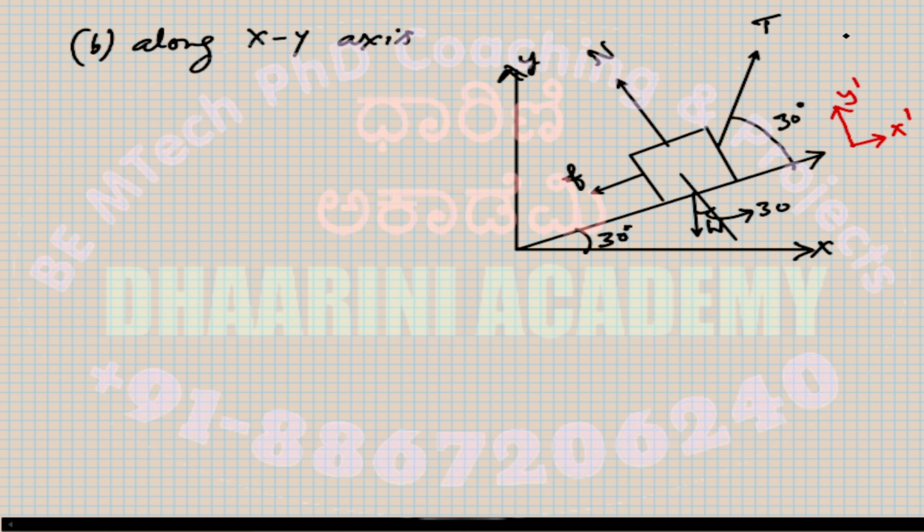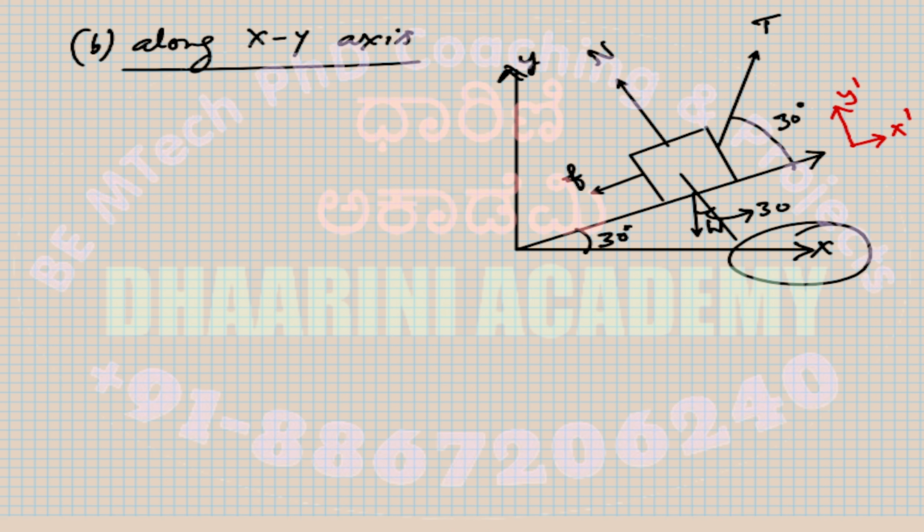So what is the component of every force along this axis and along this axis, for which I need to find out what is the angle made by each of the forces along x and y axis.